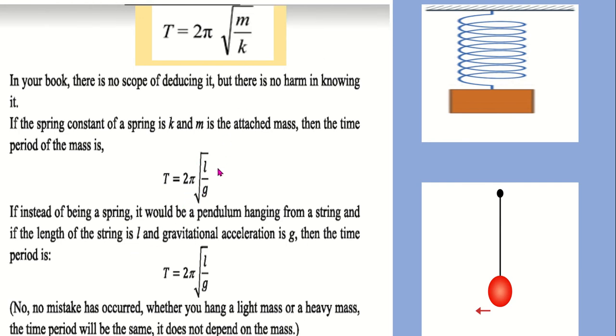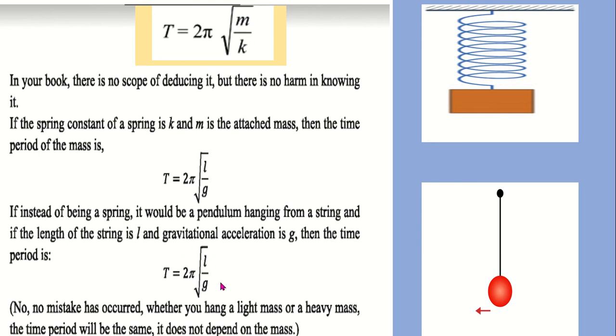This L is the length of the string, and g is acceleration due to gravity, and time period T equals 2π root L by g. Here we are not using the spring constant because it is a simple pendulum, and in the case of the spring you can see the spring constant is used, and the mass of the object which is attached to the spring is also very important, it is included in that equation.